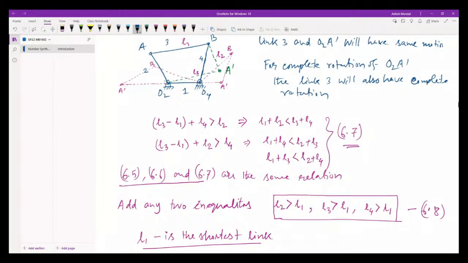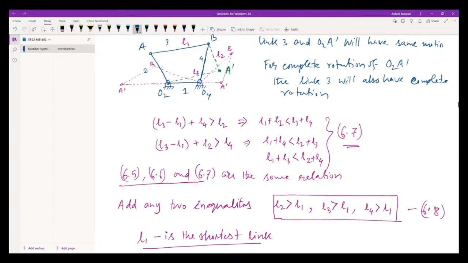In other words, 2 cannot have a complete rotation with respect to 3. That means link 3 will always have oscillatory motion with respect to 2. In other words, 2 will always have oscillatory motion with respect to 3.